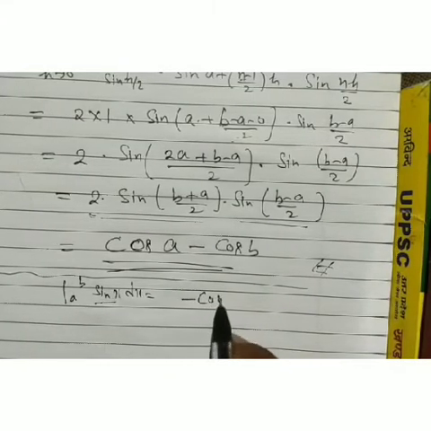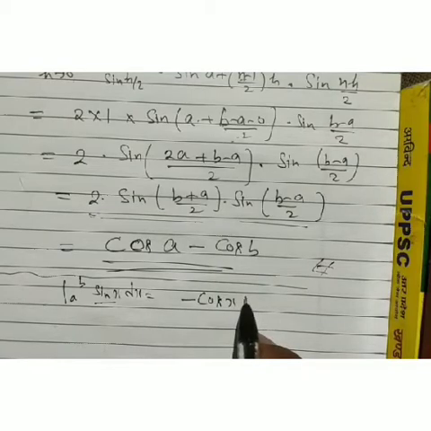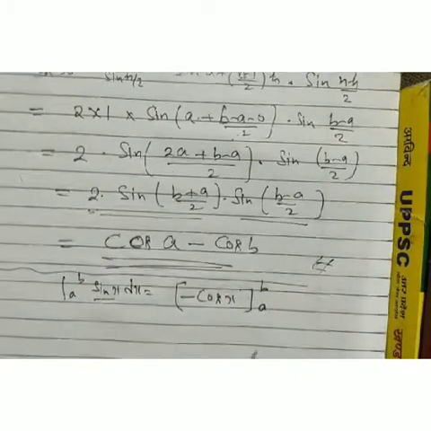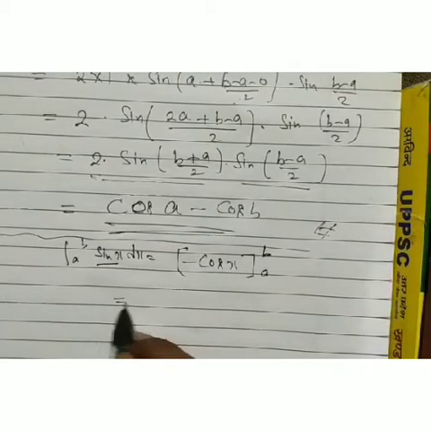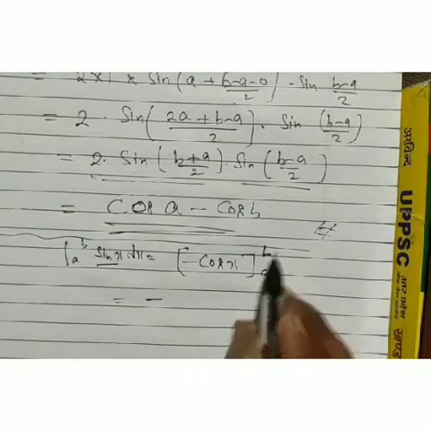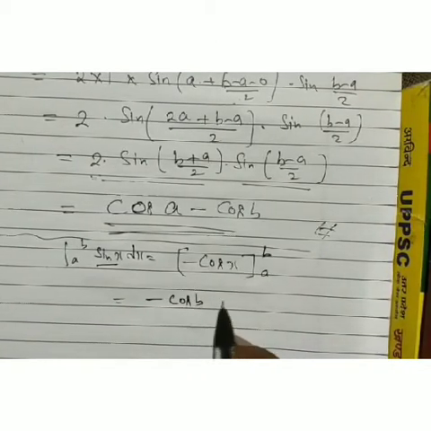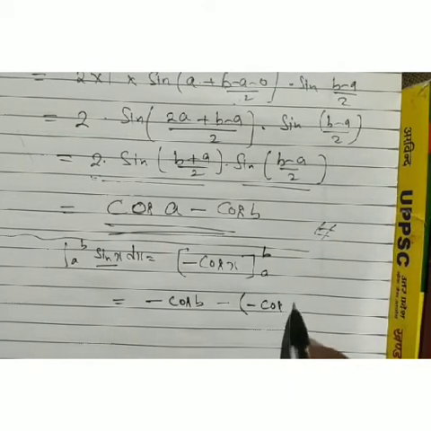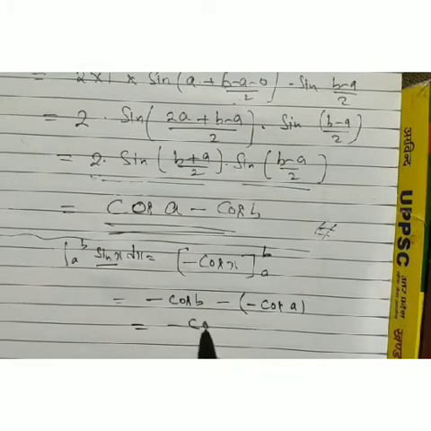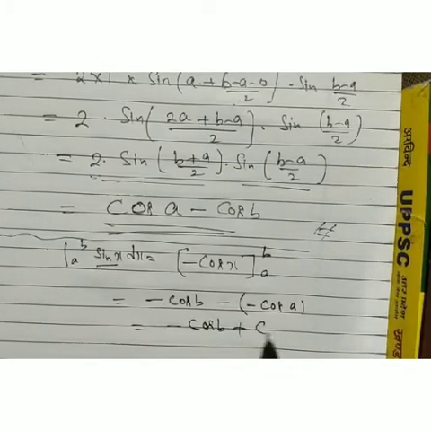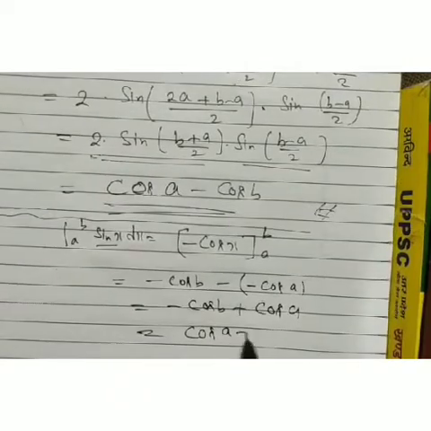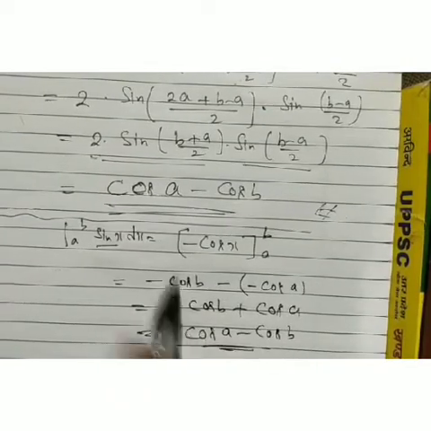We have minus cos x, and putting the upper limit and lower limit there, then what we have? Minus cos b, and then minus of minus cos a, so we have minus cos b plus cos a. Then our result is cos a minus cos b.